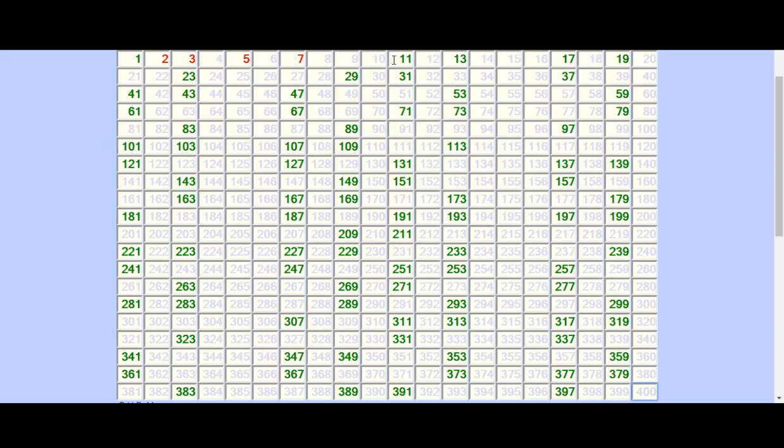Now we continue to 11. What is the first multiple of 11 that is still remaining in my list, that is not removed yet? It can't be 2 times 11 because it would have been removed when I looked at 2. 3 times 11? When was 4 times 11 removed?